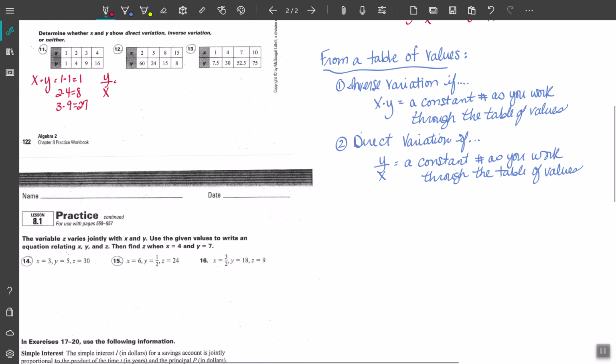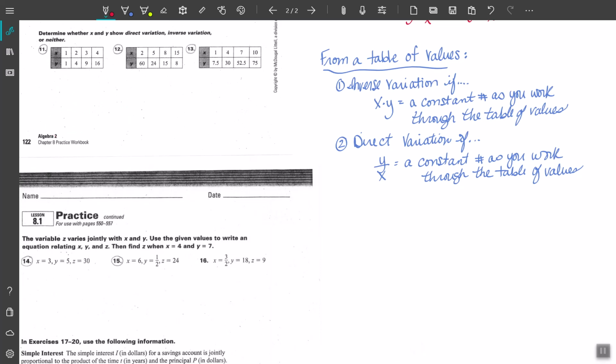If I go through my table of values and do that, again I am not getting the same number. So since I multiplied the two together and divided the two together and neither gave me a constant, this particular table of values does not have either type of variation.